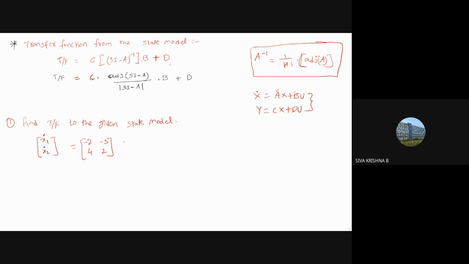And here it is x1, x2 plus 3, 5 into u, and y equals 1, 1 into x1, x2. That's it. So tell me the A, B, C, D matrices first of all. Remaining you can do.